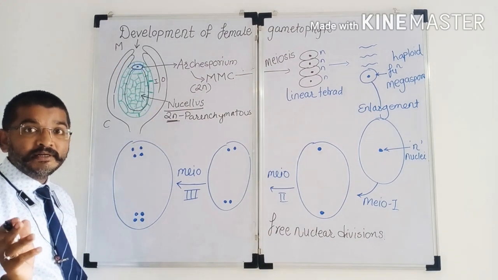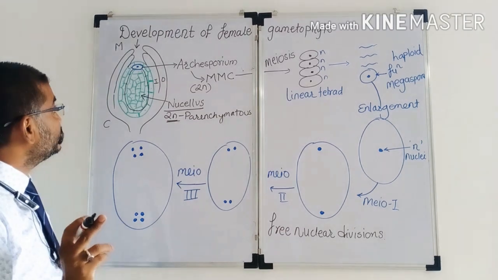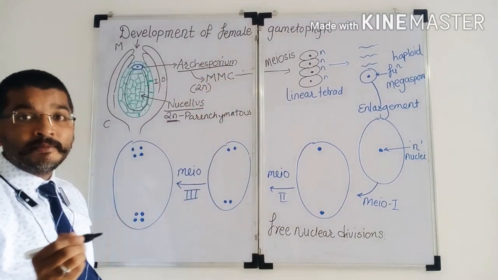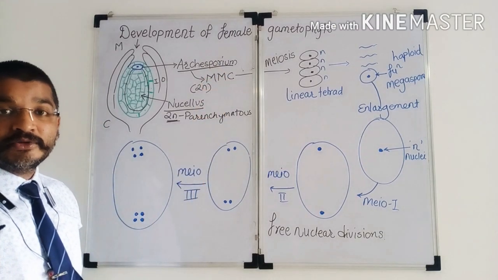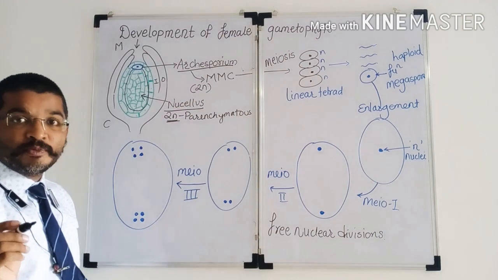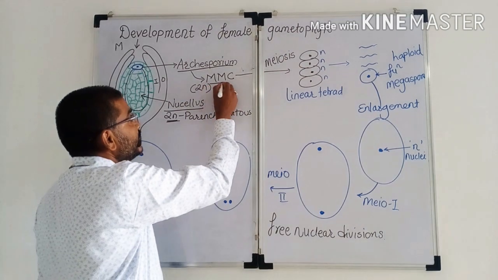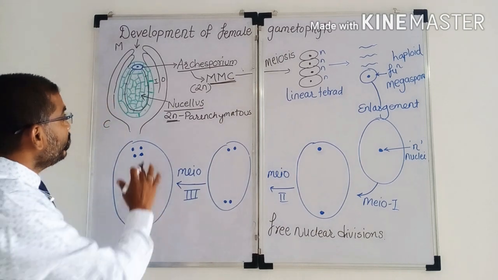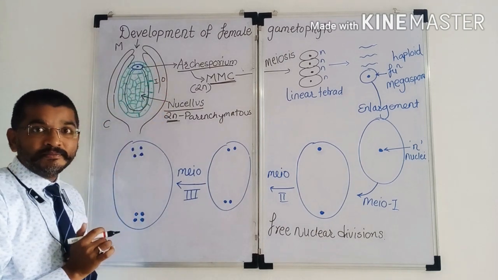The statement was: one of the cells from the hypodermal region of the nucellus acts as the archesporium. And that archesporium directly functions as a megaspore mother cell. Already I told you that all the cells of the nucellus are diploid.